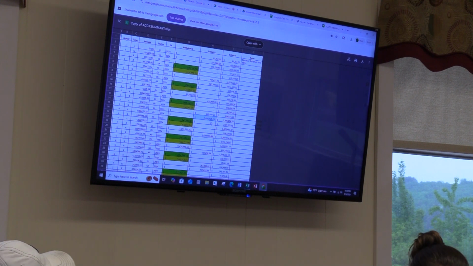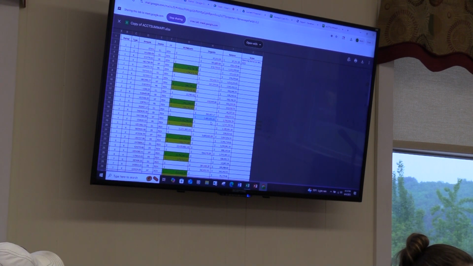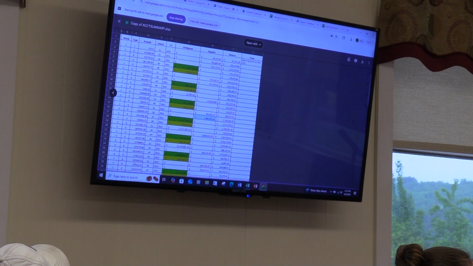Yes, right. And it included taking the 2.4 million. Right. Because these numbers here, the period, this is July, August, September, October, and so on. Right, Chip? Yes.